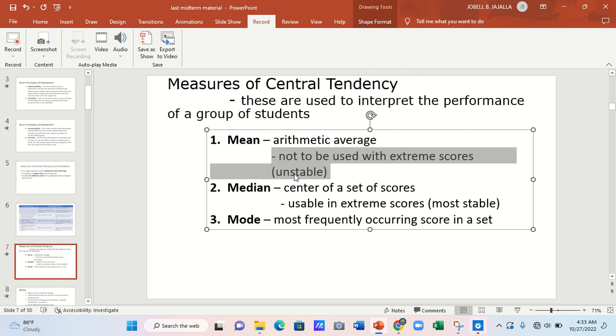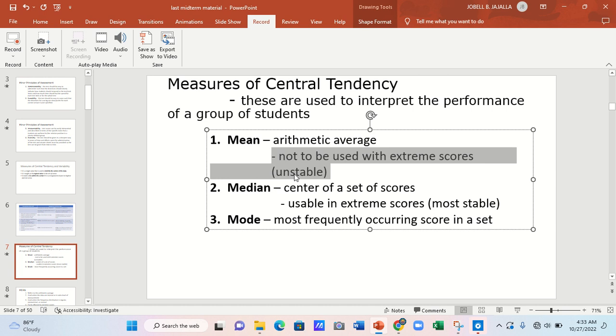So that is a low extreme score. And highest scores like 50 over 50, or 49, 48 over 50, those are also highly extreme scores. These are what they call outliers in statistics. So the mean is really not stable to use in that regard.